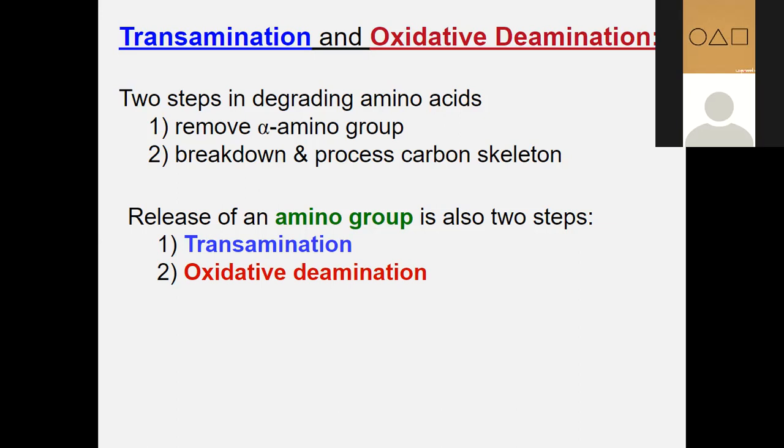So there are 2 steps for the release of the amino group. One is transamination, meaning you transfer the amine group to another molecule and then use that molecule to remove the amine group. So pupunta siya sa common molecule, tapos yung common molecule na yun matatanggalan ng amine.